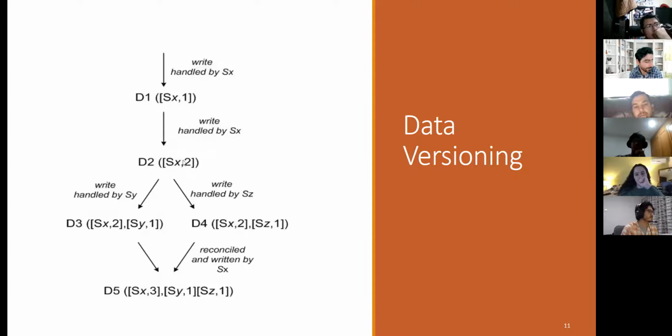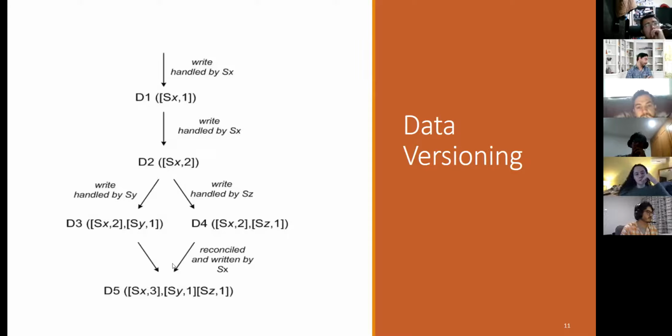So here, we will keep using this number 2 in both D3 and D4. But after that, we will create a new branch for SY and SZ. So once the system gets a chance to read all this information, it will be created in D5, which contains information from all the different events that were branched from any outage on the application.